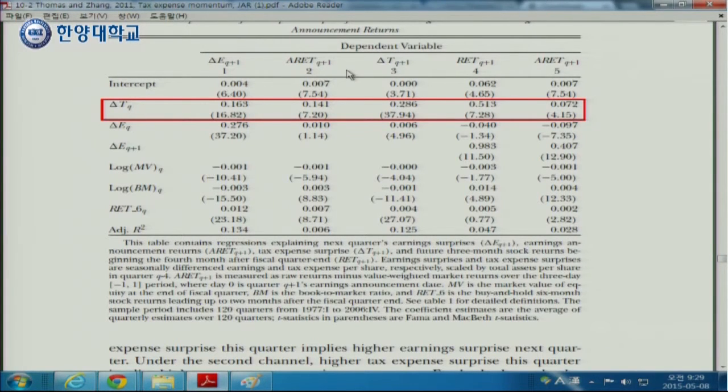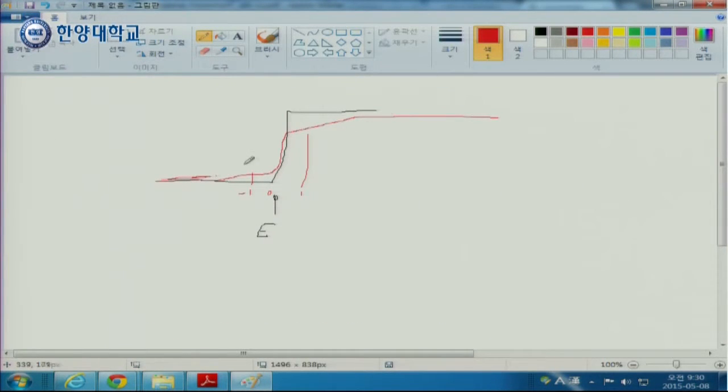So this is the size of the response of the stock price against the earnings surprise. Another interesting part is that when there is a tax expense surprise, we have a statistically significant relationship: the slope is sharper, so larger, and there is more of a jump.